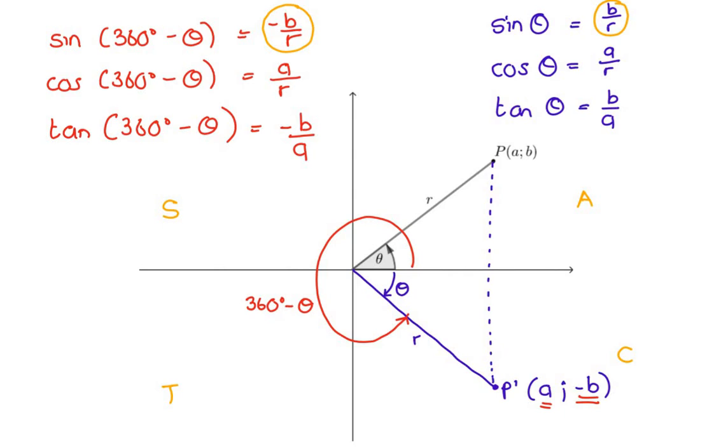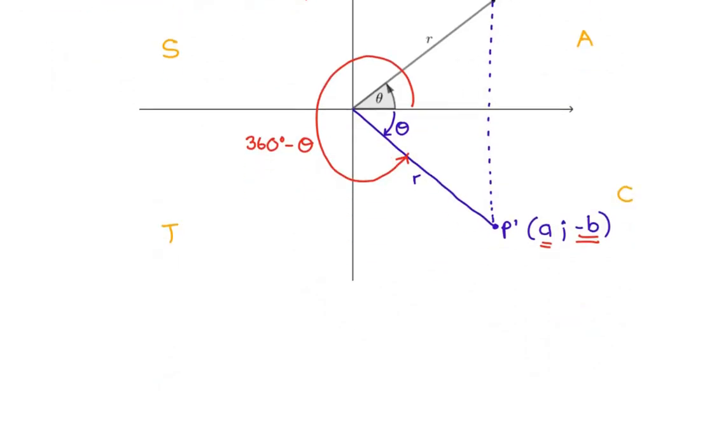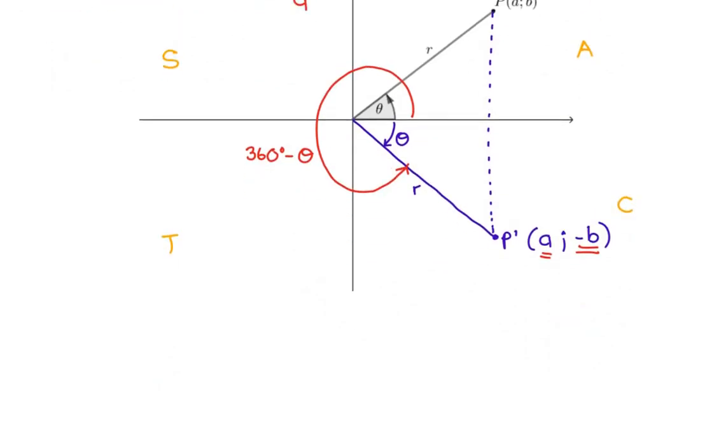So it makes complete sense that sine of an angle in this quadrant will be the negative cousin. So the first conclusion that I can make is around the value of sine of 360 minus theta. So sine of 360 minus theta is the same thing as sine theta, except it's the negative cousin.